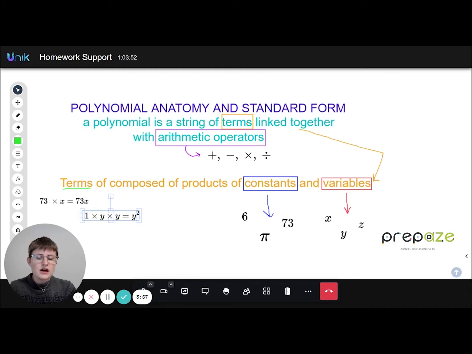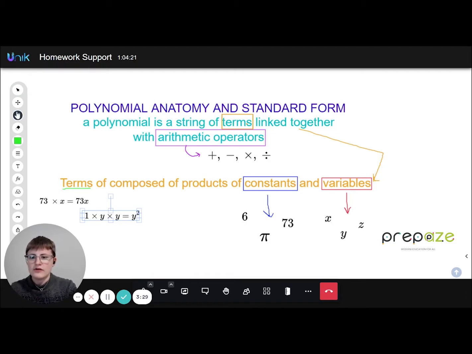And variables are values that are placeholders for different constant values we could plug in, and we're representing that range with the variable. If you're confused about what a variable is, go ahead and check out our functions video, and you can learn about the relationships between input and output. It's super helpful.